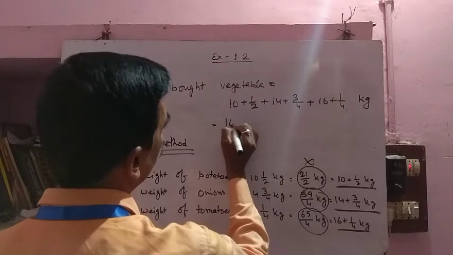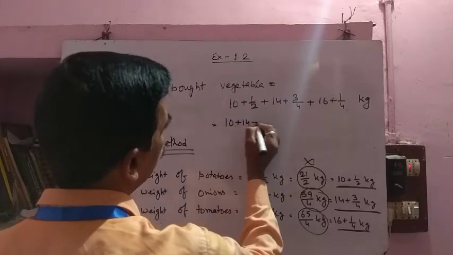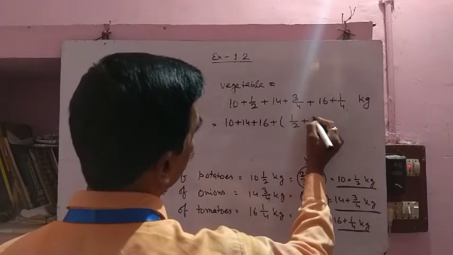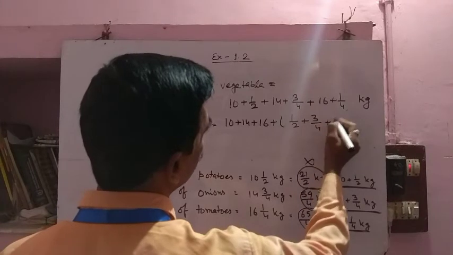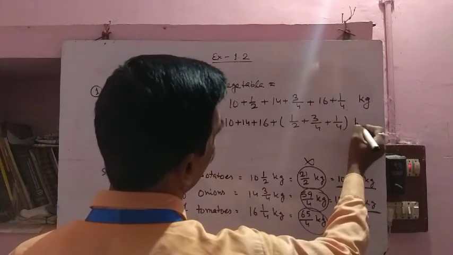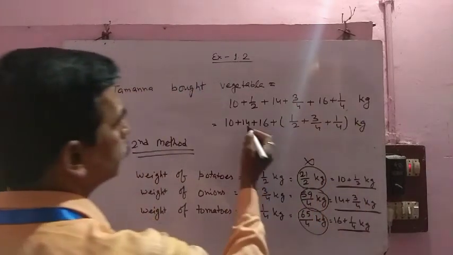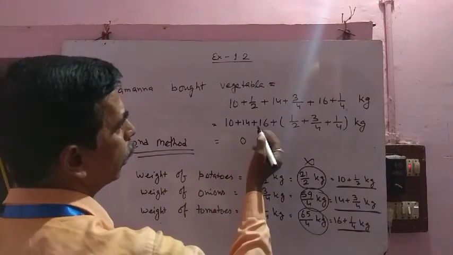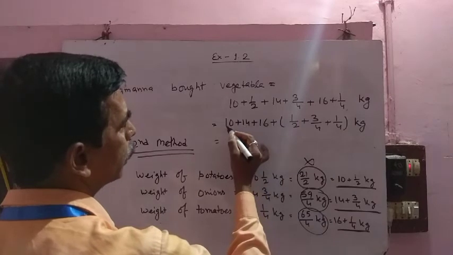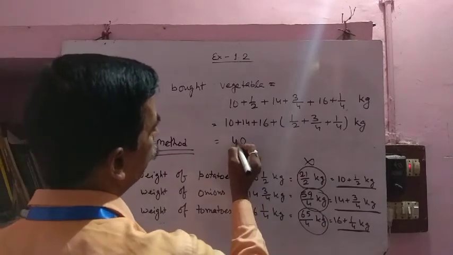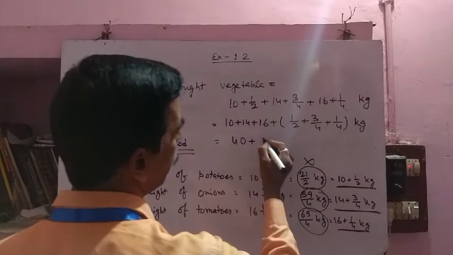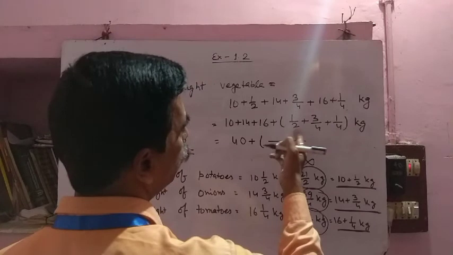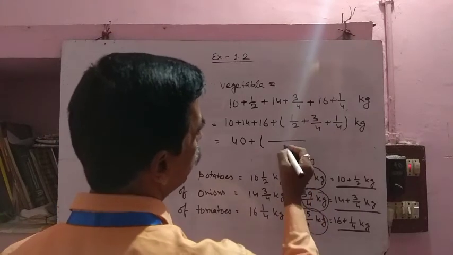So look here, it becomes 10 plus 14 plus 16 plus 1 by 2 plus 3 by 4 plus 1 by 4 kg. 6 plus 4 is 10 plus 0, 0 carried 1, 1 plus 1 is 2 plus 1 is 3, the carried 1 becomes 4, so 40 plus the LCM of, as you have written, the LCM of 2, 4 is equal to 4.